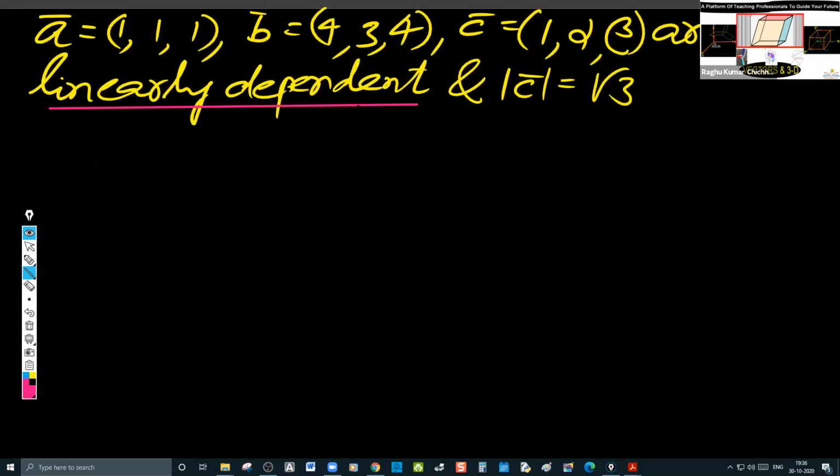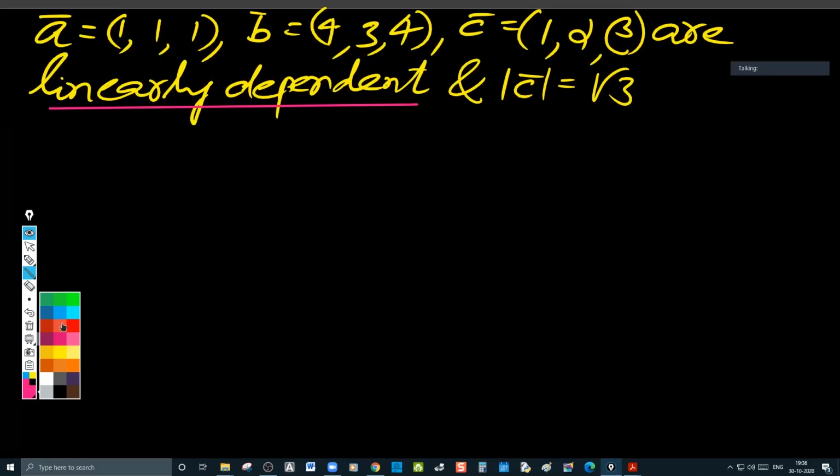Also, you have to understand that if they are linearly dependent, obviously they are coplanar. So you can go for the determinant method, that will be easy for you. So let us follow that only.